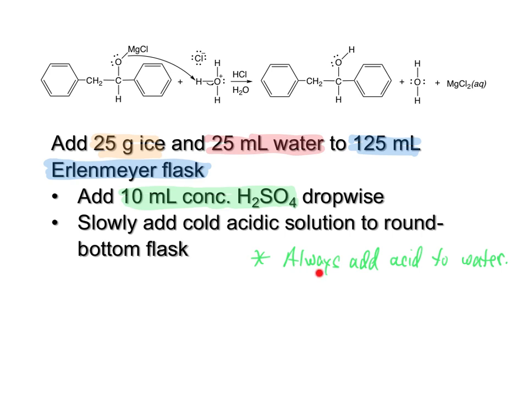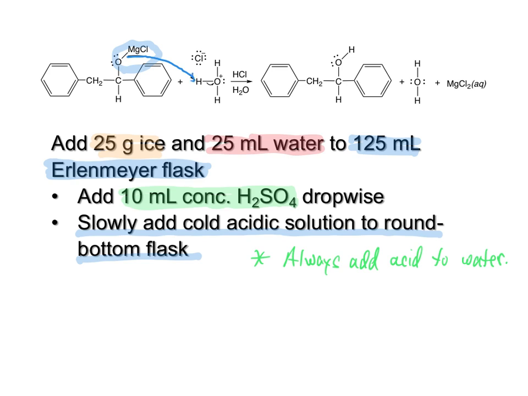Once you have that solution made, you're going to slowly add that cold acid solution to the round bottom flask. That will then result in the protonation of our magnesium chloride. Our diphenylethoxy magnesium chloride is going to act as our base.